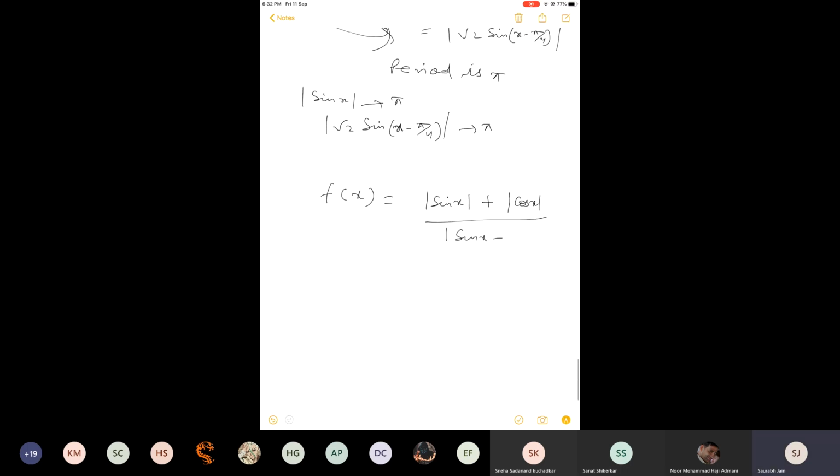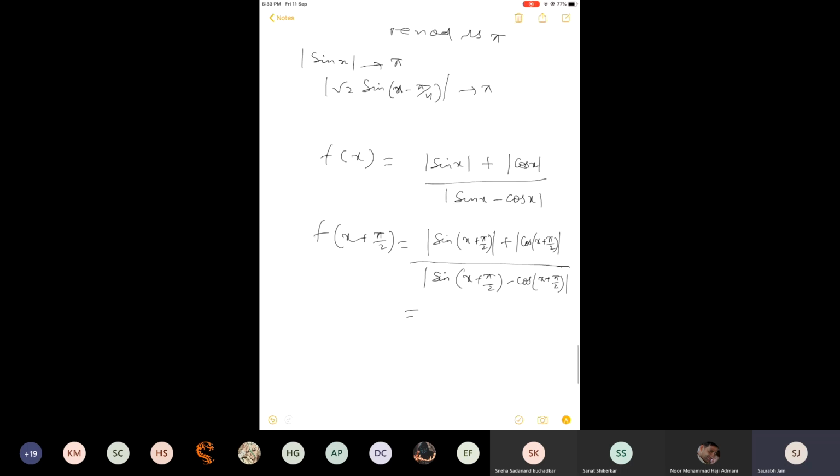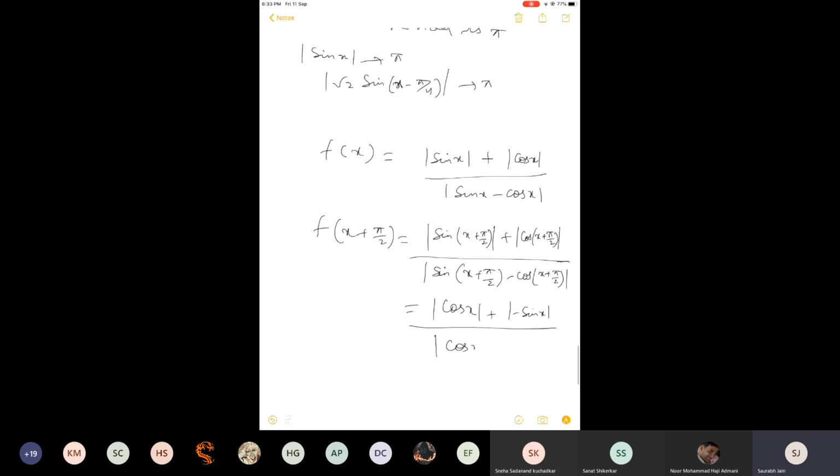First you put the values, then you use trigonometry and do not make any mistake in that. So sin of 90 plus x is cos x, reduction formula and ASTC rule. So here it will be mod cos x. However, cos of 90 plus theta is minus sin theta. So this is cos x and this is plus sin x.